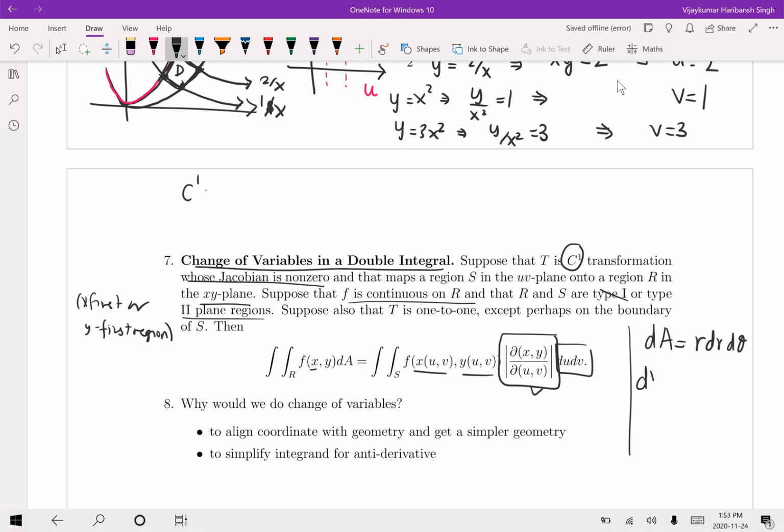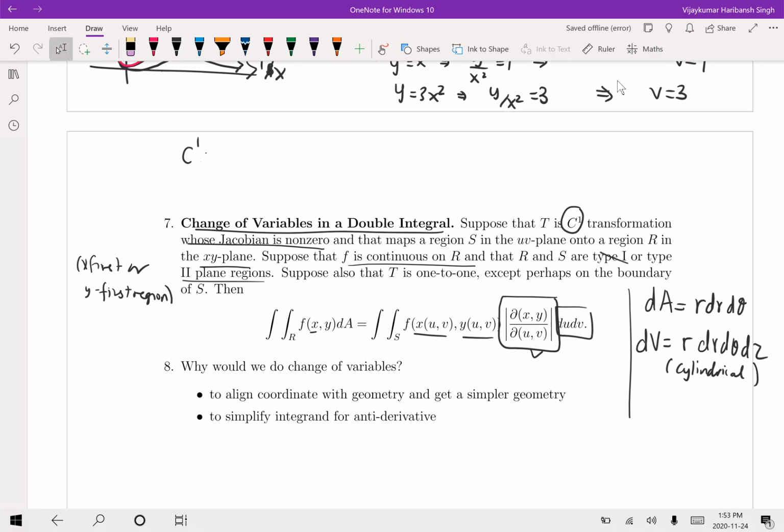In cylindrical coordinates, we should be able to see that if you do the transformations, you will get r dr d theta dz. That is for cylindrical, and you should be able to see a similar one for the spherical. For spherical, we'll derive it in a moment.